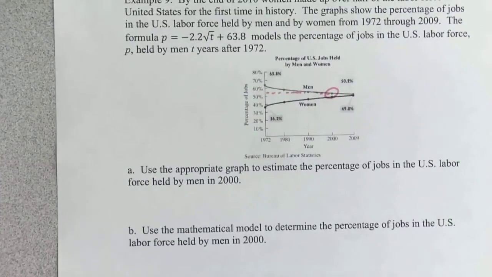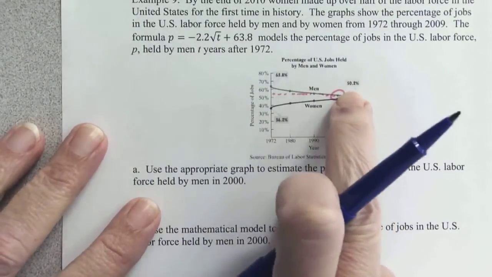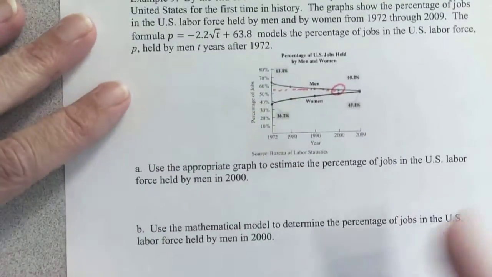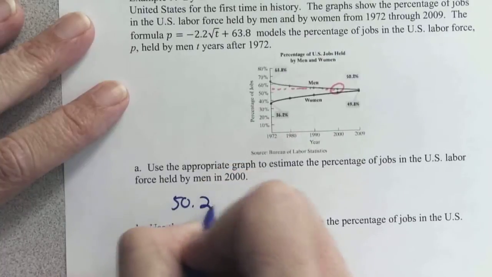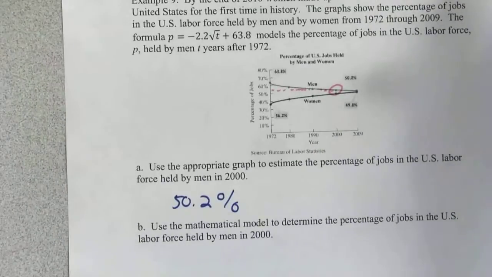Oh, they actually do tell me a number right there. I didn't notice that. So by the graph, 50.2%. There's the percentage of jobs in 2000 held by men. Okay, we'll go back out so I don't need to see the graph as much anymore.